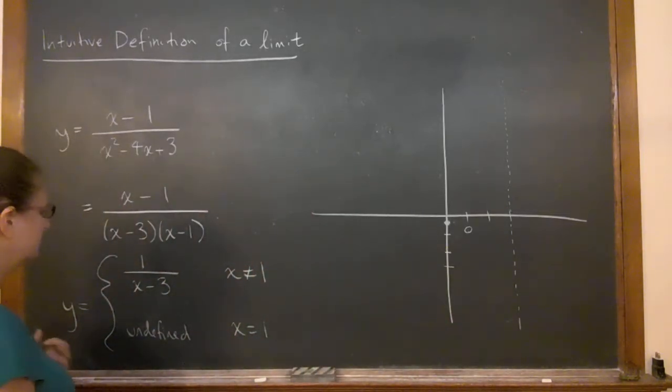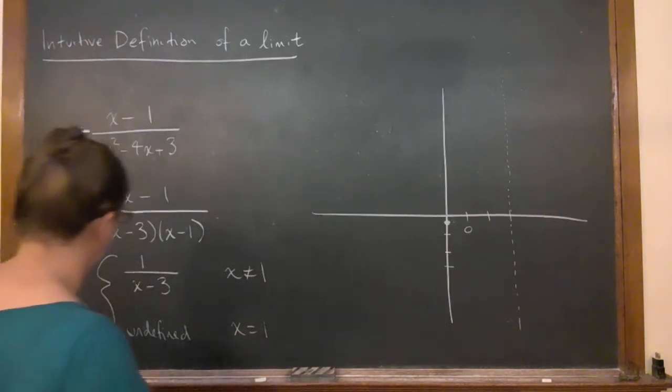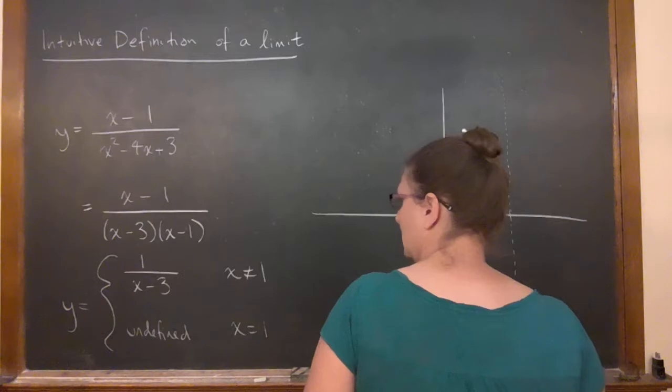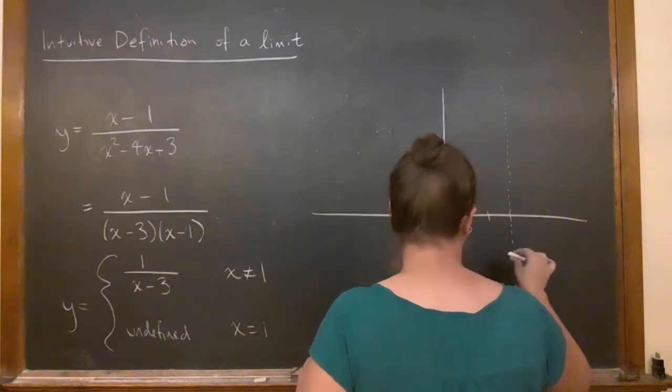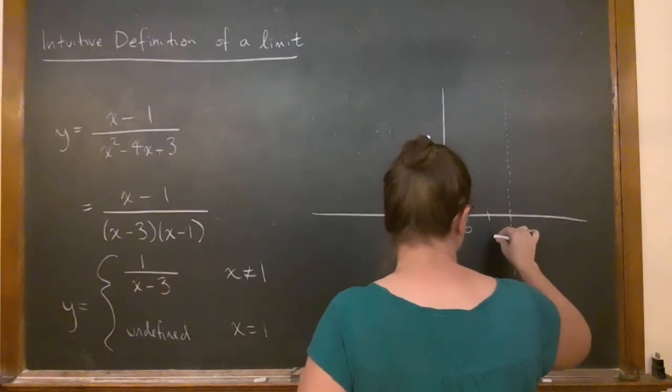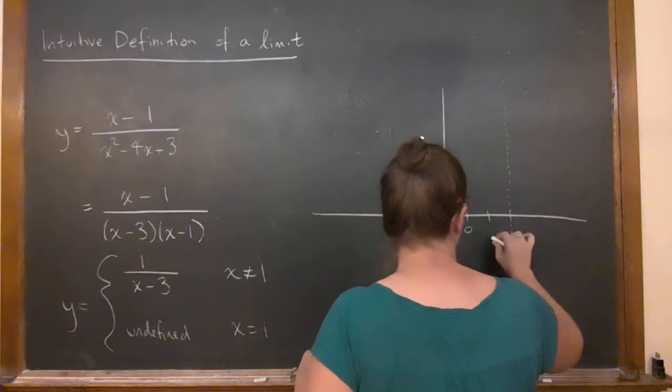If I put in 2, negative 1/3. Okay, so fine. Now we're getting a little bit bigger, right? So I've got negative 1.